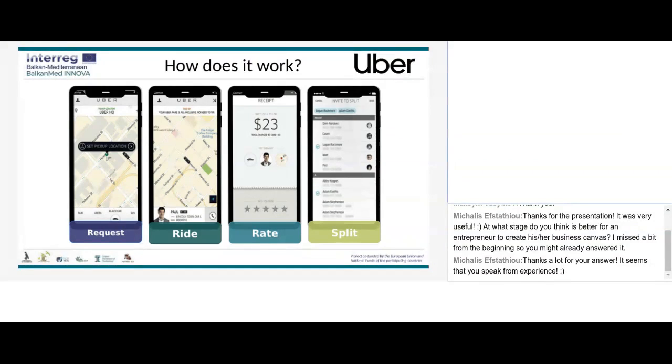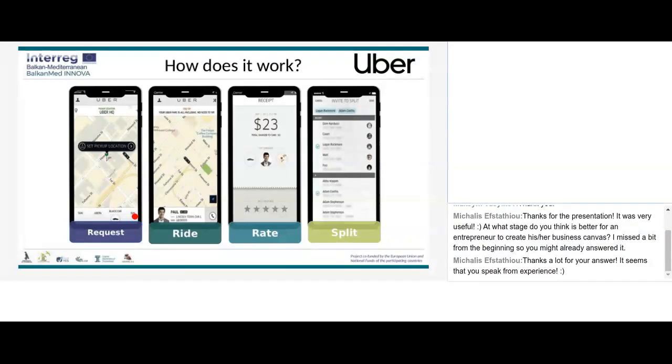Uber works in the following way. It's really easy and convenient. The customer just sets or picks a location, or they can use location identification through GPS, and they request a specific service. They can call for a taxi, UberX, black car, or SUV, which are some of the different options that you have on Uber.